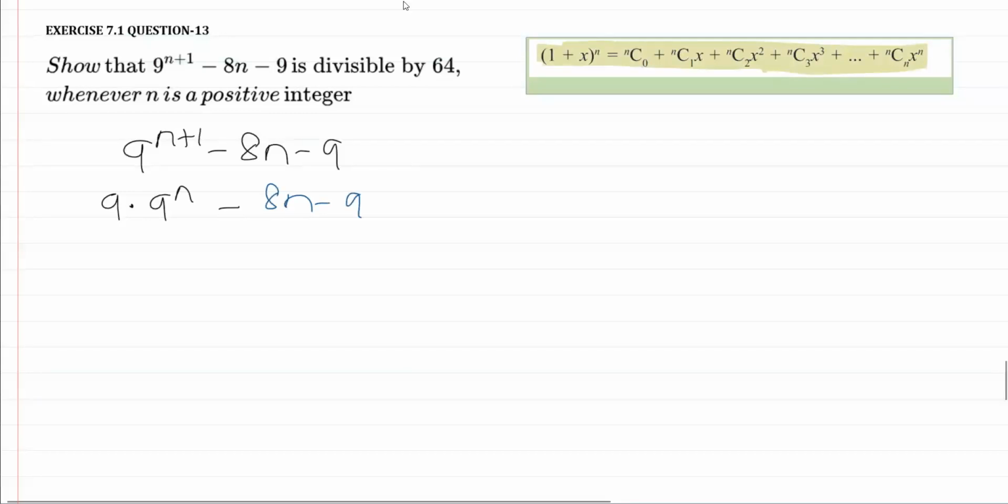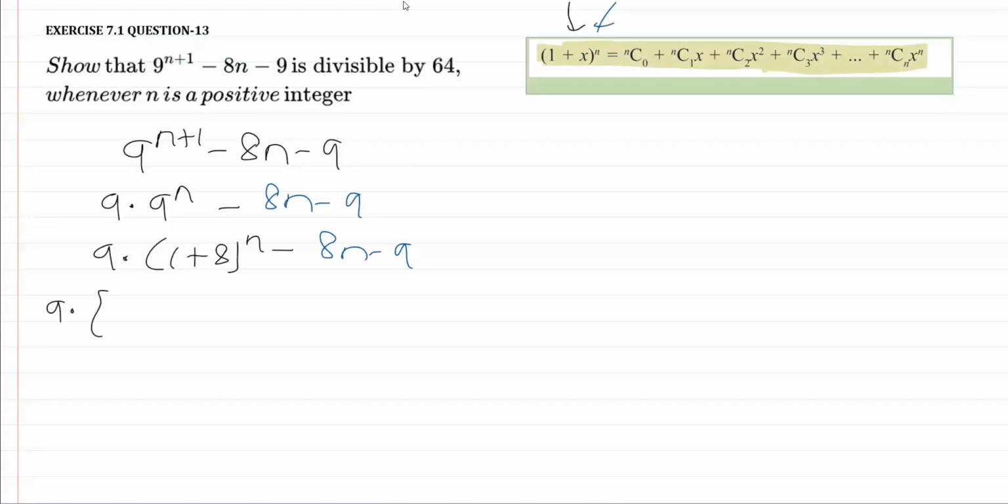Now, in the next step, I'm going to write 9 using this relation. I can write this as 1 plus 8 raised to the power n, and then minus 8n minus 9. Now I'm going to apply this formula of expansion. Let 9 be as it is.